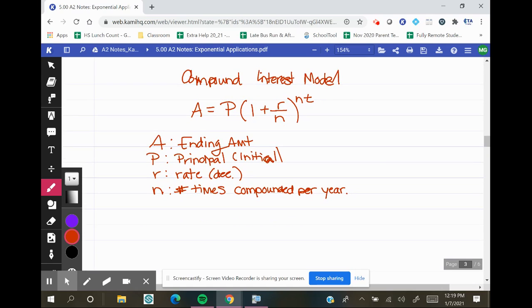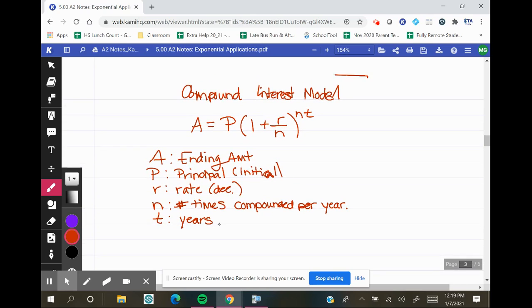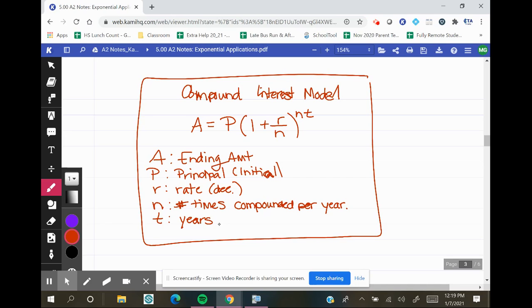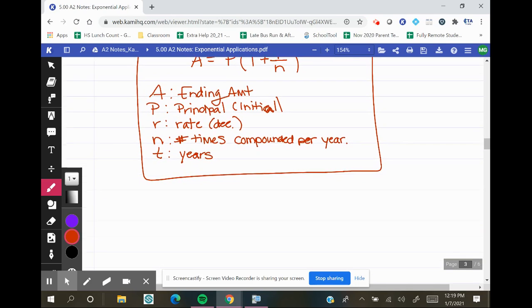If it is quarterly, it's 4 times a year. If it's semi-annually, it's twice a year. If it's monthly, it's 12 times a year. And t would be the number of years. Okay, so again, that is something you need to memorize. And here's the question.